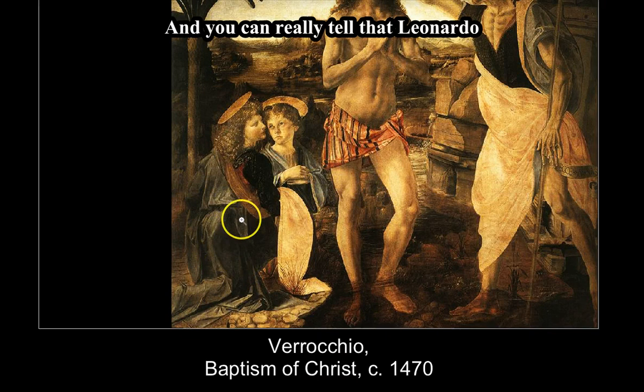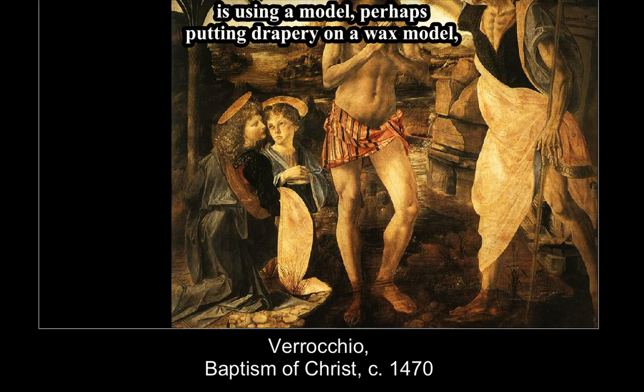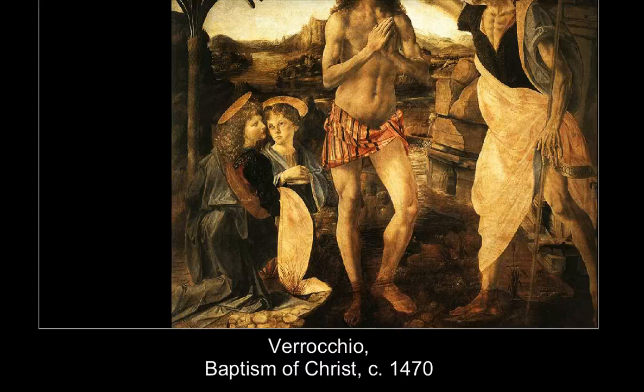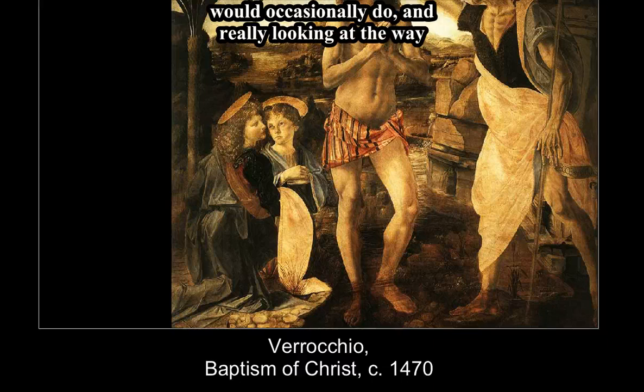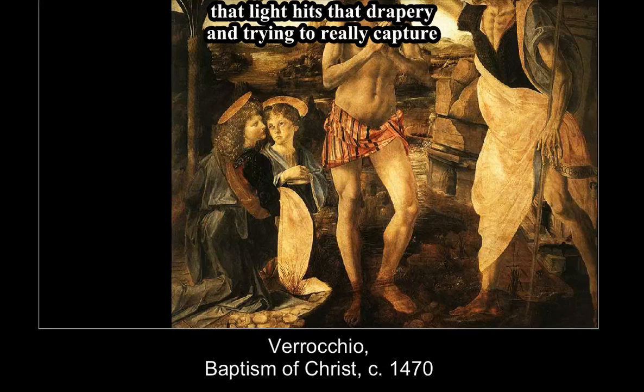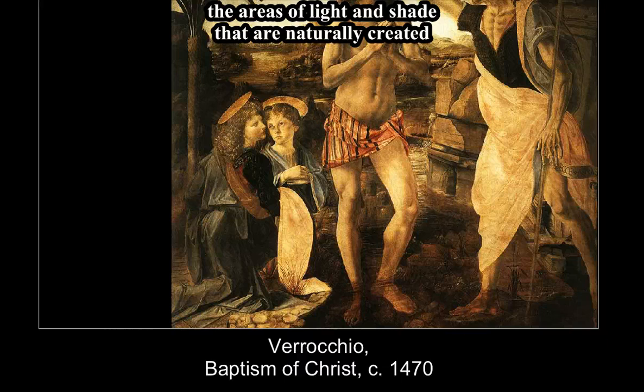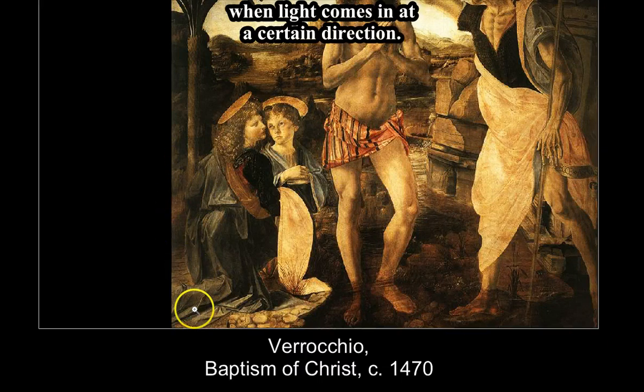You can really tell that Leonardo is using a model, perhaps putting drapery on a wax model figure, which is something that artists would occasionally do, and really looking at the way that light hits that drapery and trying to capture the areas of light and shade that are naturally created when light comes in at a certain direction.